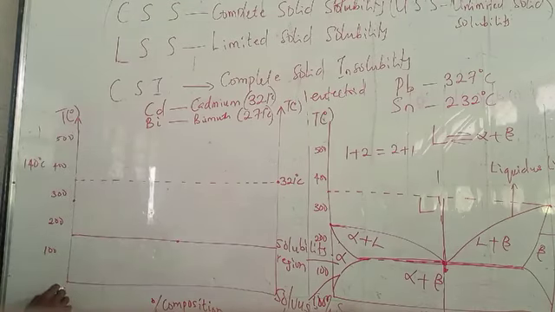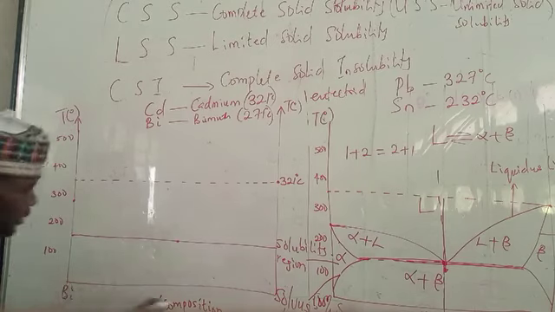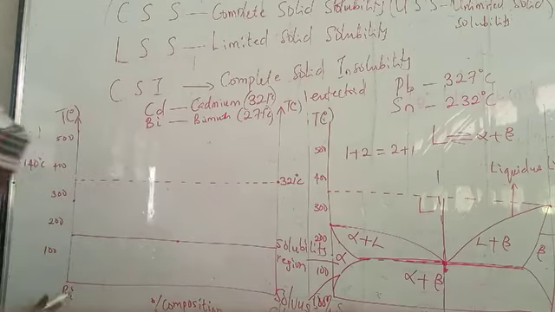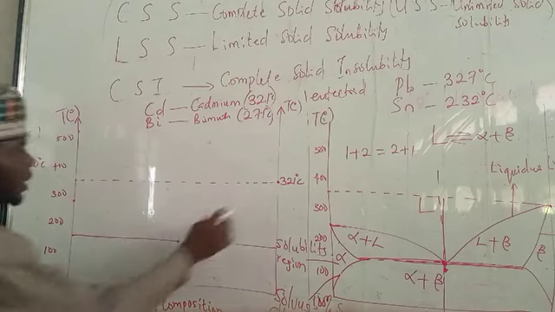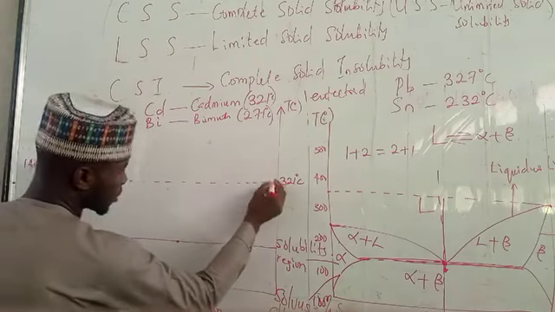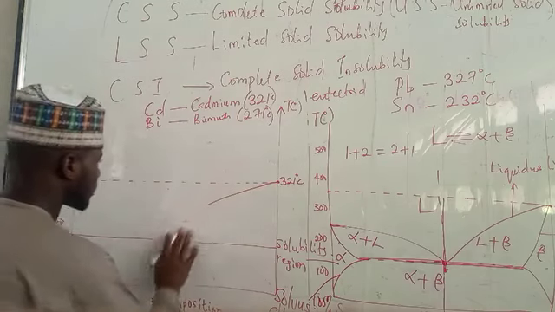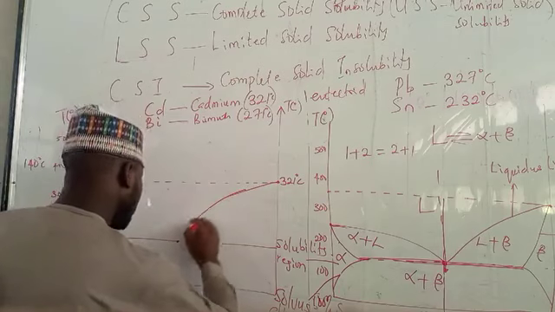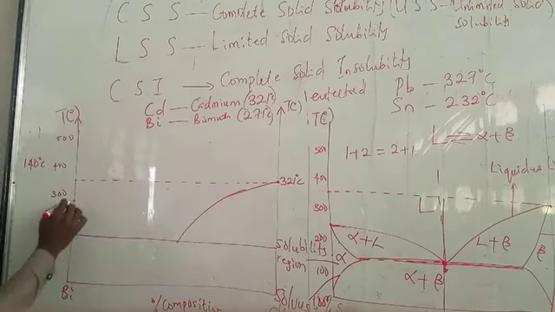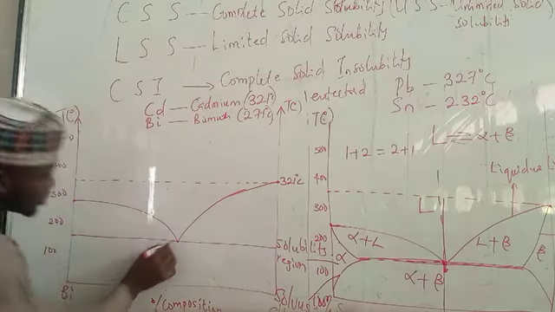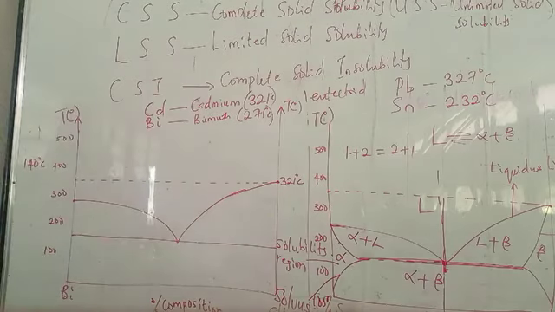So this is bismuth, and this is cadmium. As usual, this is 100% bismuth, 0% cadmium, and this is 100% cadmium and 0% bismuth. So the melting point of cadmium will come down to this eutectic point, and the melting point of bismuth will come down to this eutectic point as well.